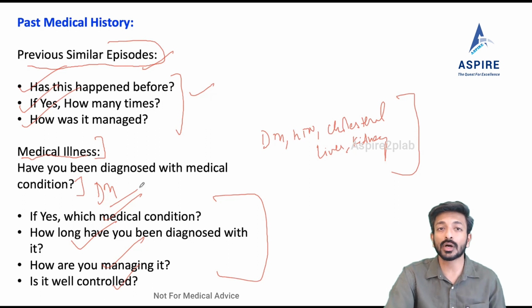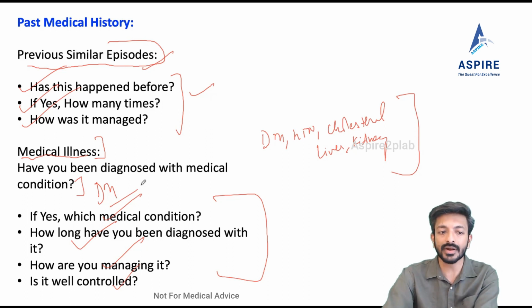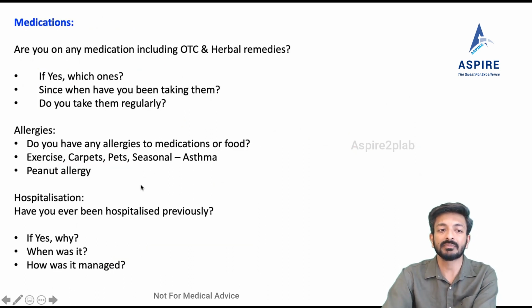But if you ask in one go, have you ever been diagnosed with any medical problem like diabetes? No. In that case, the patient is saying no only for diabetes, not for other things. So we have to be really considerate on that particular thing. Do not make a mistake there. This is very important in case of medical illness.